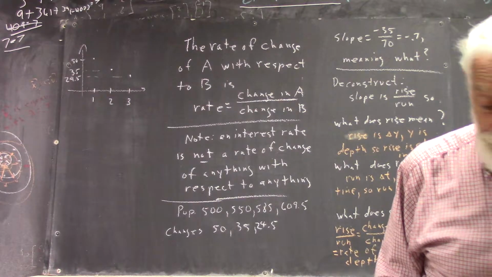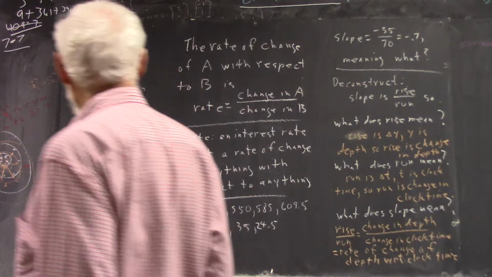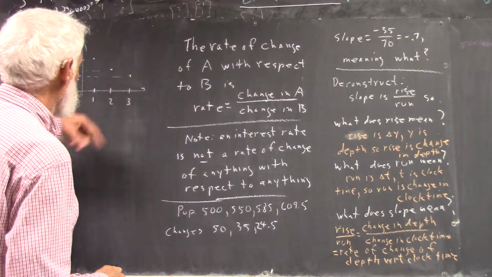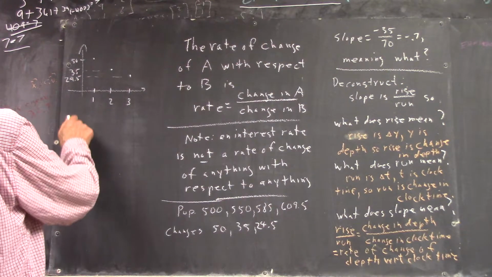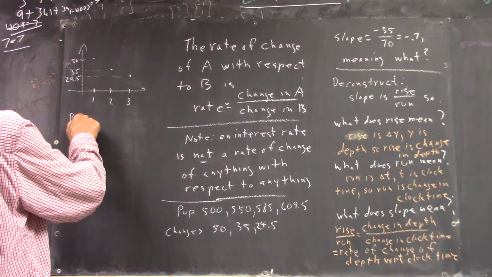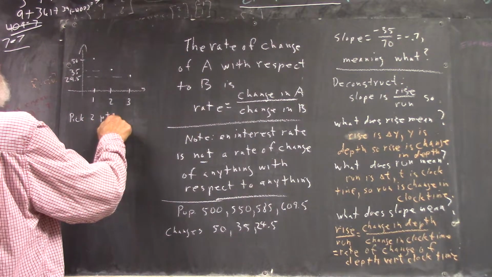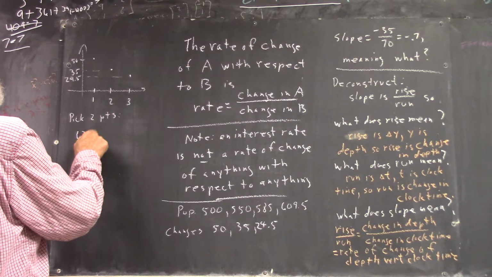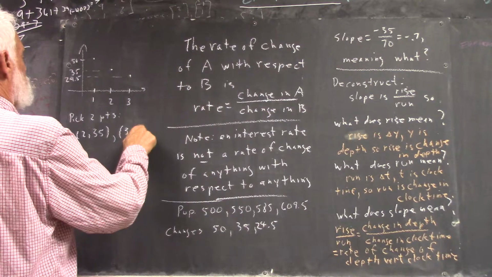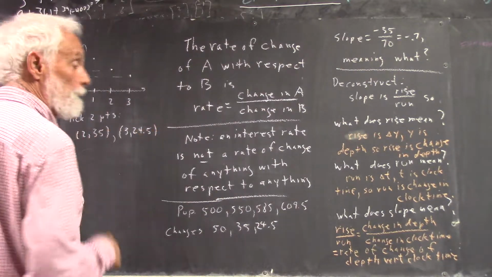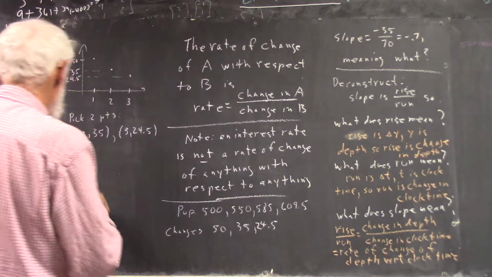Most people pick the first point and the second. I'm going to pick the second and the third just for the heck of it. That would be 235 and 324.5.